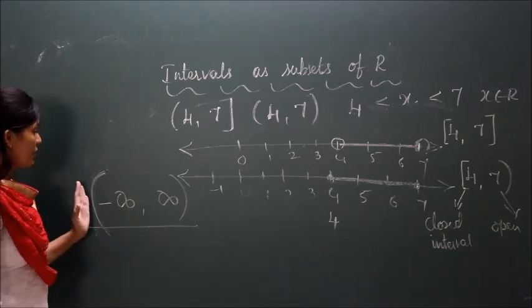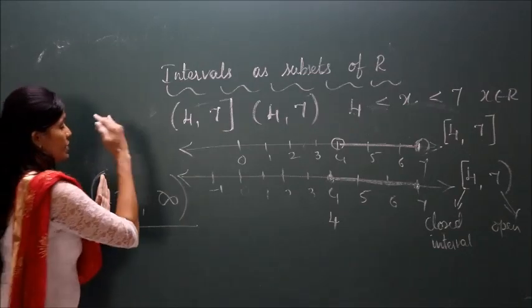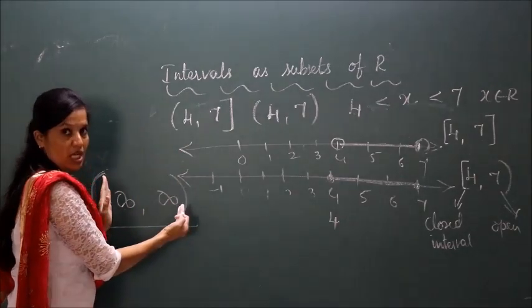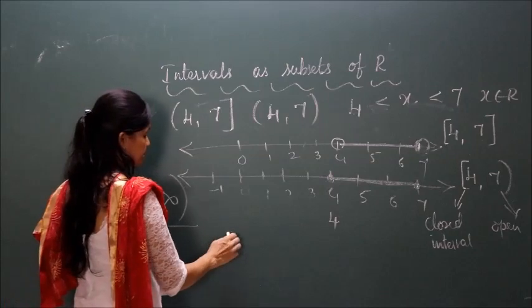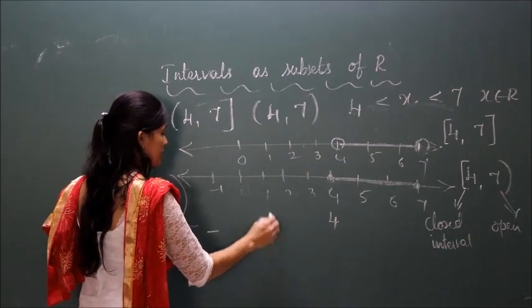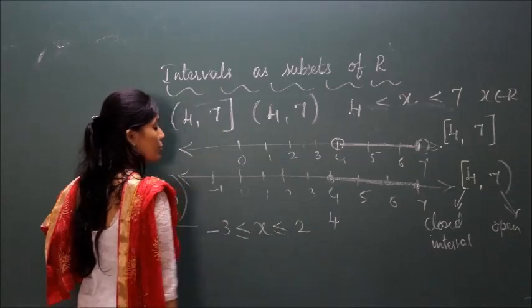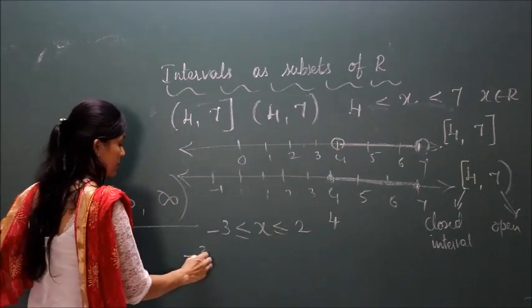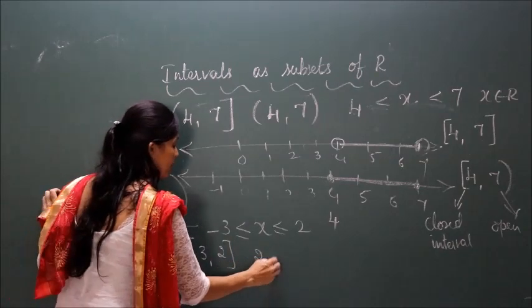So in the interval, when you write, always the negative number must come towards your left and positive numbers must come to the right. Okay, suppose it is like this, x is less than or equal to 2, then you have to write minus 3 comma 2. Don't write 2 comma minus 3.